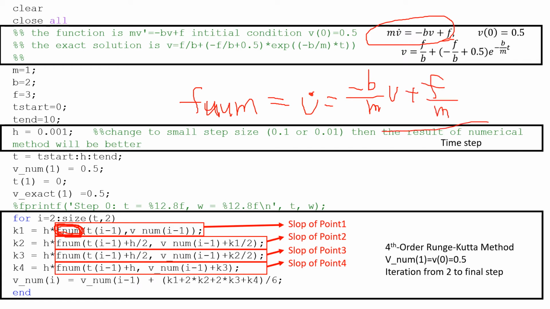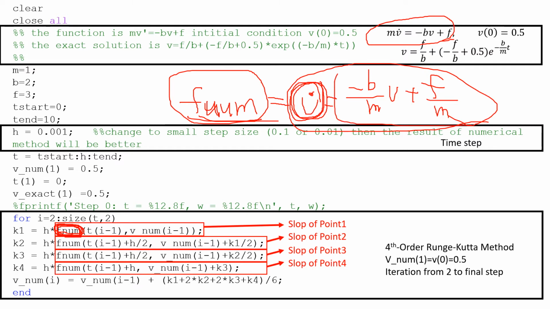It will be this function, so we can calculate the slope of the velocity. Fnum is this function, remember. So in the next slide, I will write a function called f numerical to help us calculate the slope of the velocity, and it will implement this function.